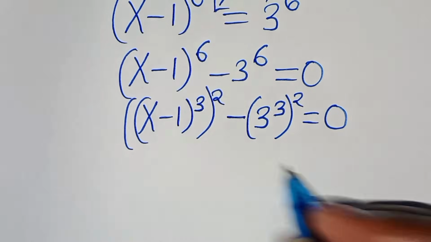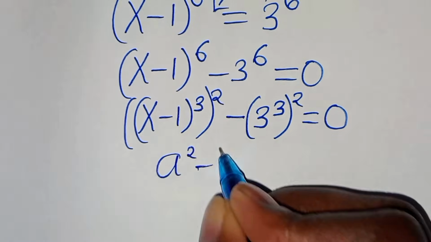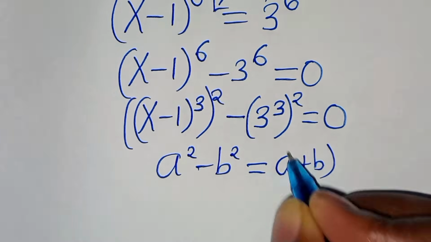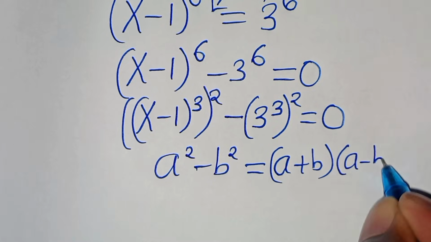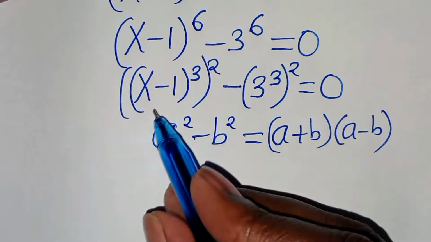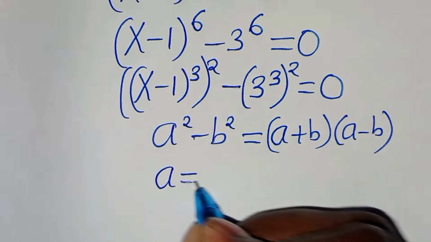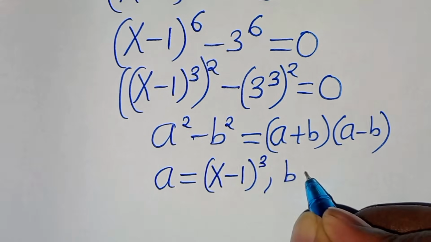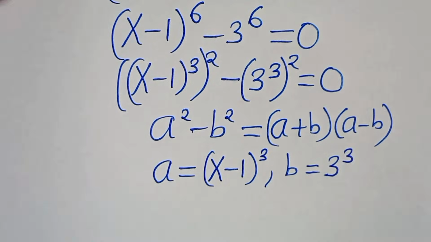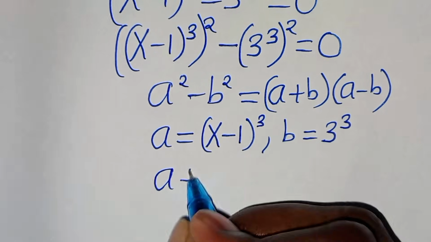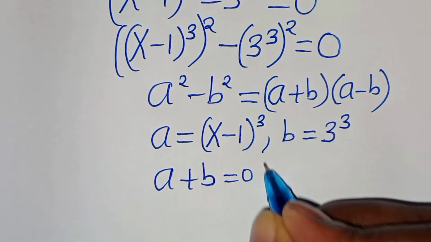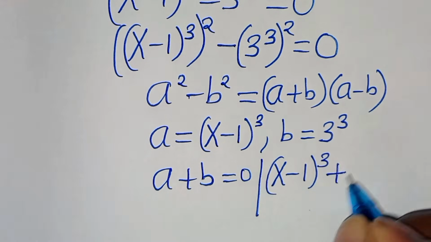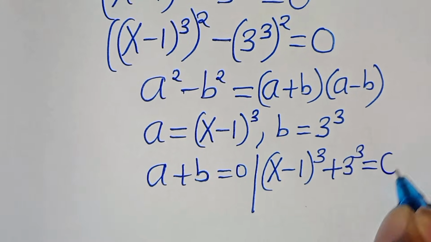This equation is of the form a squared minus b squared, which we can express as (a + b) multiplied by (a - b). From this equation, a is equal to (x - 1)^3, and b is equal to 3^3. This means a + b = 0, which is the same as (x - 1)^3 + 3^3 = 0.